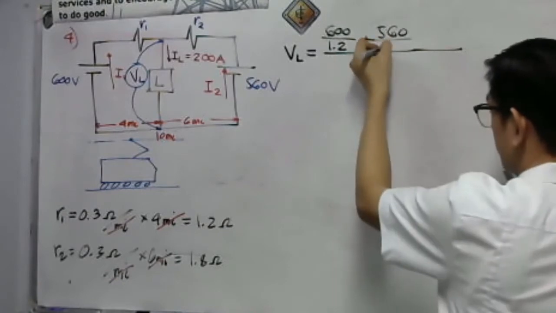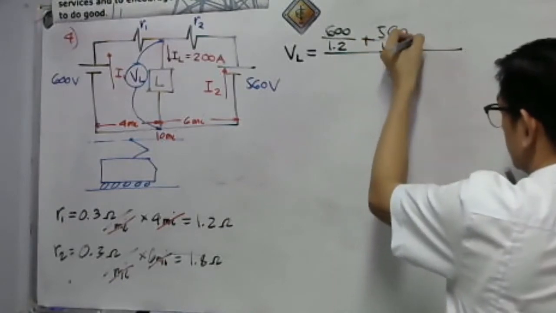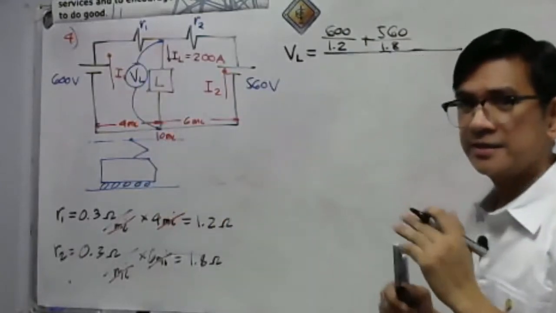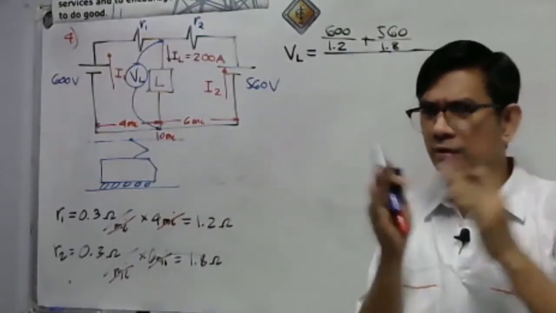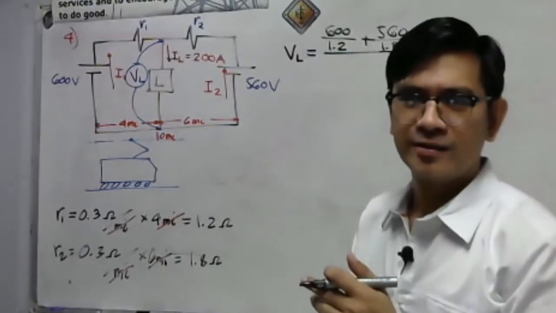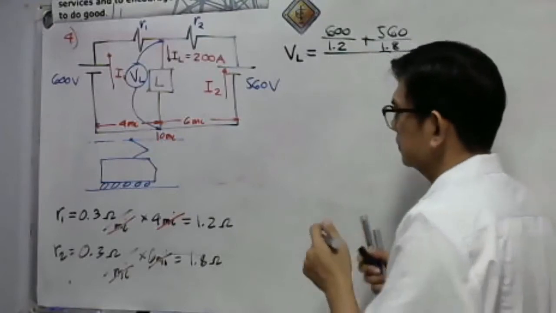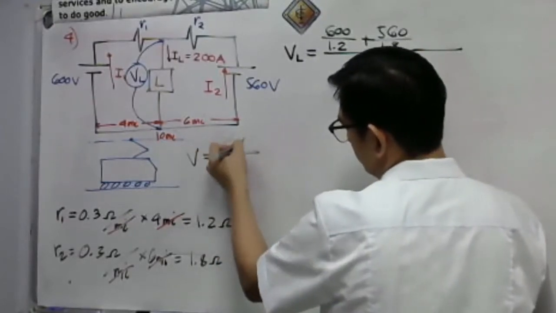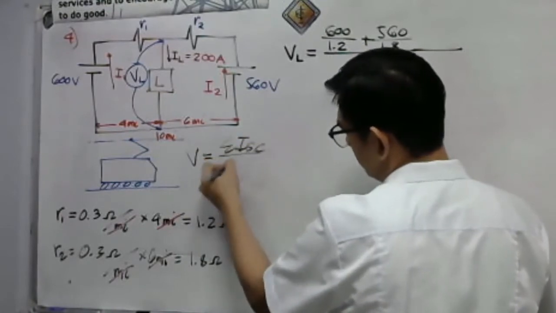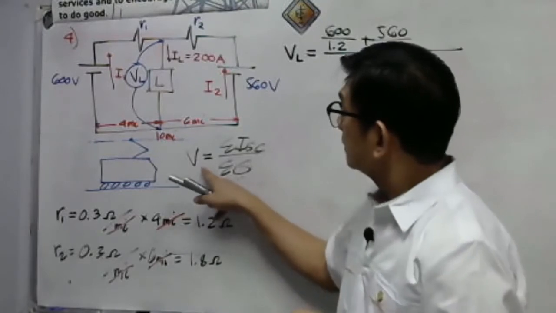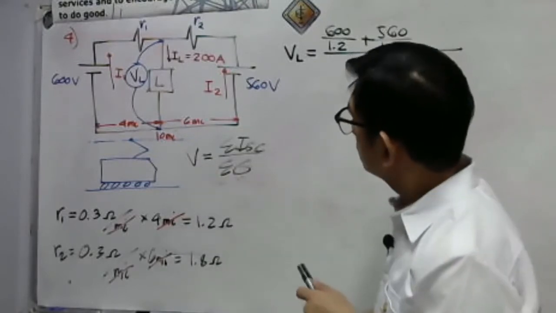R2 is 1.8. What about in here? Take a look here, guys. What if we don't have a voltage, we don't have a resistance, we only have a current? From our formula, V is equal to the short circuit current all over the summation of conductances. Our current here.